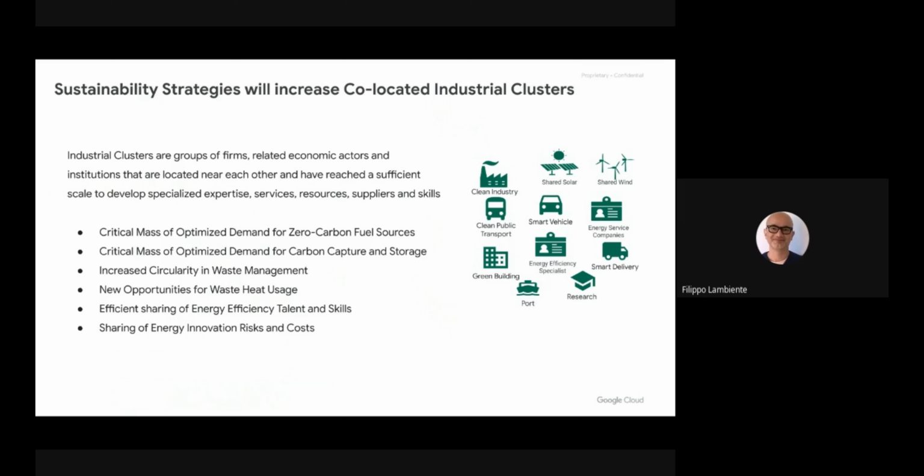With the API, what we are seeing is that there will be more and more of these co-located industrial clusters, but at the API level.